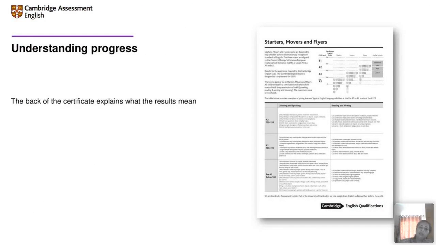So how do I understand each of the levels? How do I know what the candidate can do and what the candidate has done, etc.? At the back of the certificate, there is a detailed listing given.